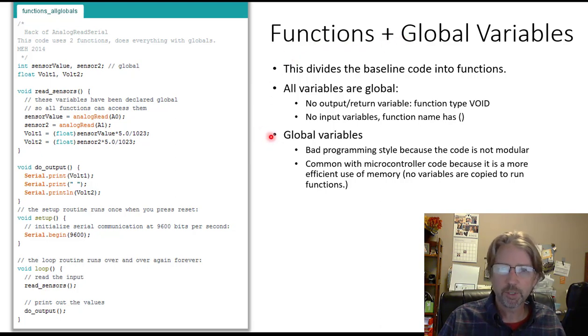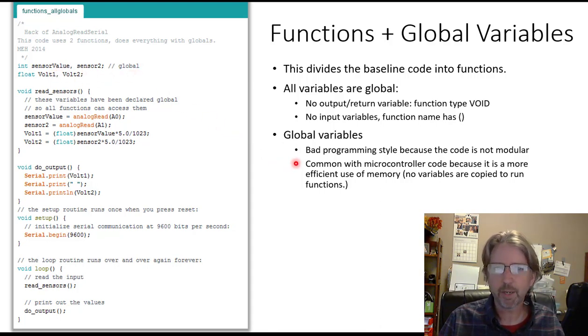Global variables are really frowned upon in terms of programming style. It makes the code less modular because you have to use that exact name or else you can't reuse this function. And if somebody's using that name already, you have to go and search and replace and things like that. So global variables are a bad programming style because it really hinders the modularity and the reusable nature of the code, and you have to look up at the top all the time to see what variables are declared, and did I capitalize the V and all of that.